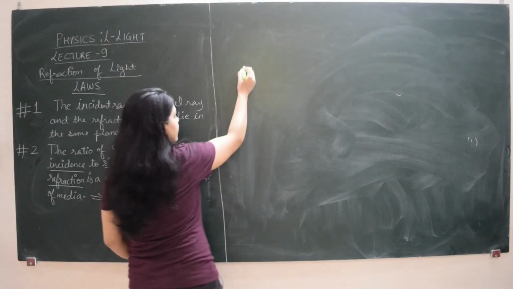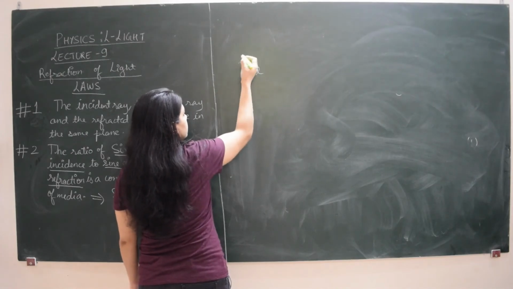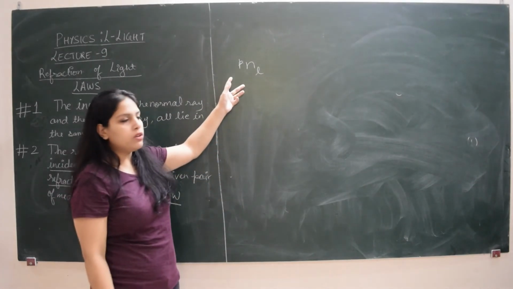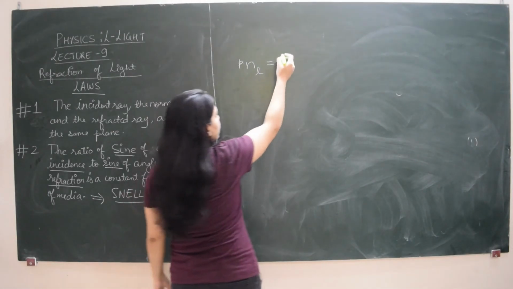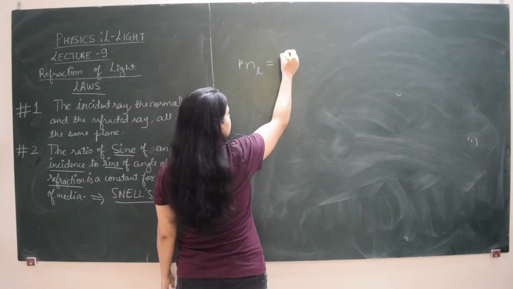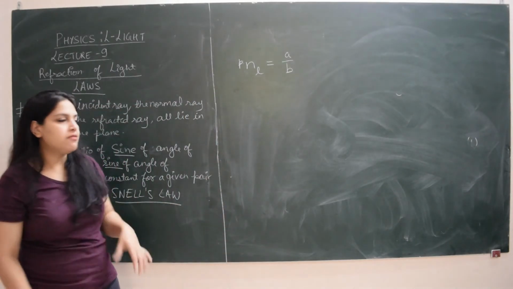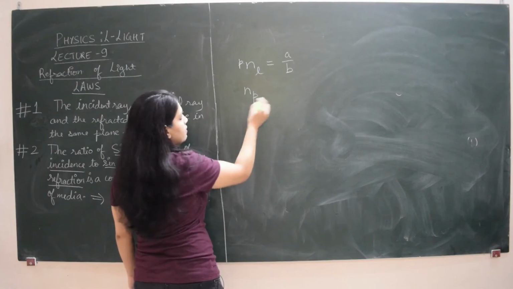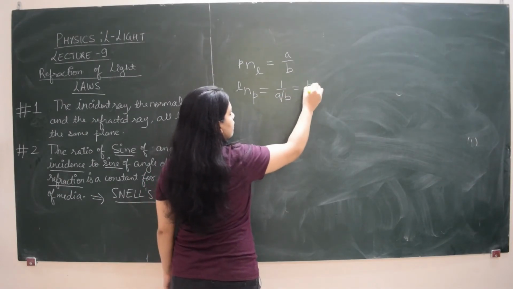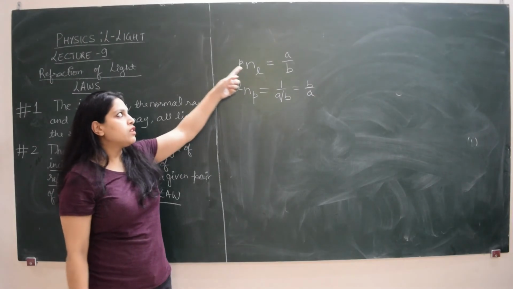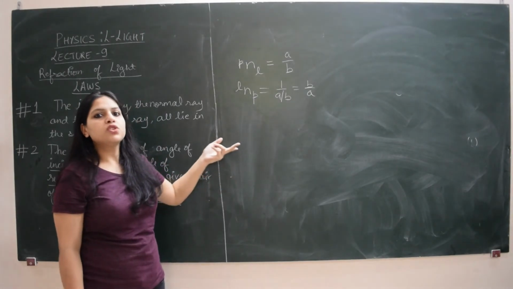Suppose, changing the variables, I have L and P. I am finding the refractive index of medium L with respect to medium P. Let us say the value of this is some fraction A upon B. If I have to find the refractive index of P with respect to L, I simply have to reciprocate the previous fraction, so I will get B by A. So this is one thing that is used in numericals.